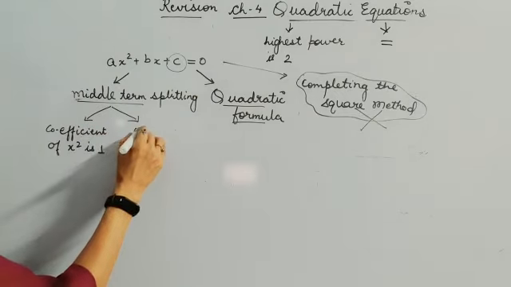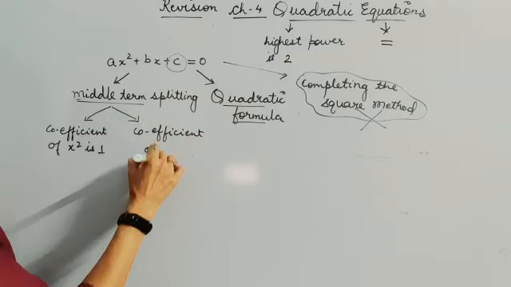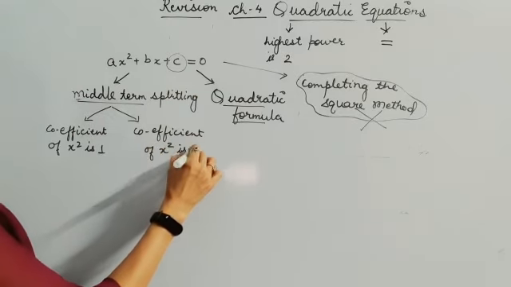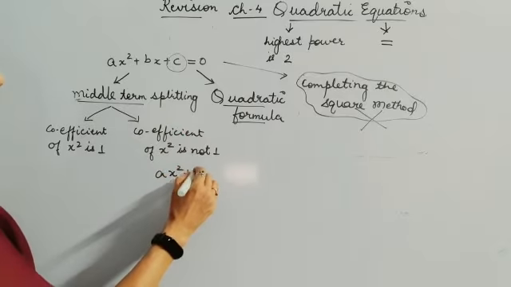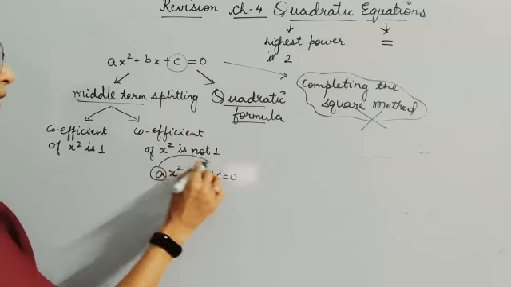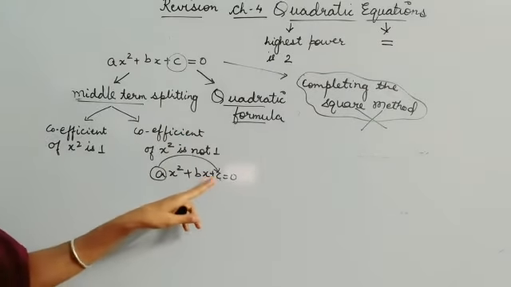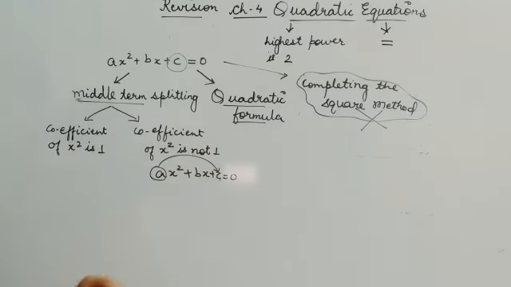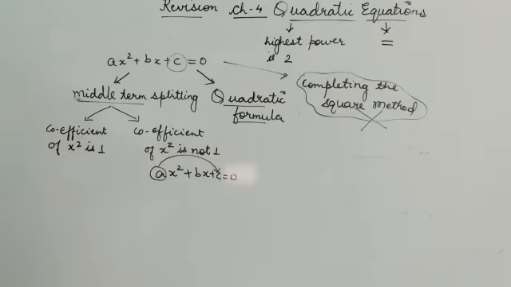But if the coefficient of x square is not 1, then let's suppose this is your quadratic equation, in that case first of all you have to multiply this coefficient with the last constant value, and then factorize the product. Alright, so in middle term splitting you can get these two different types of questions.